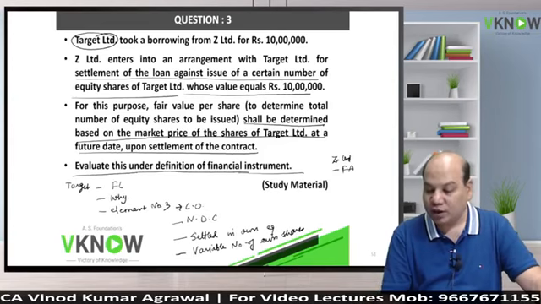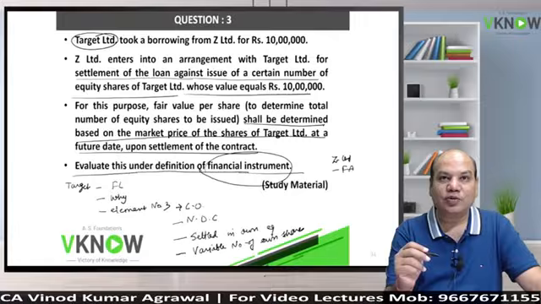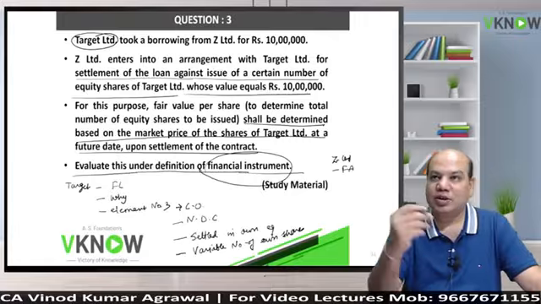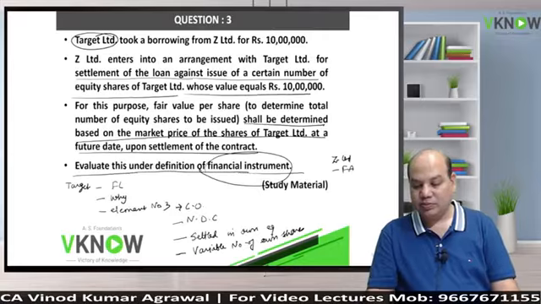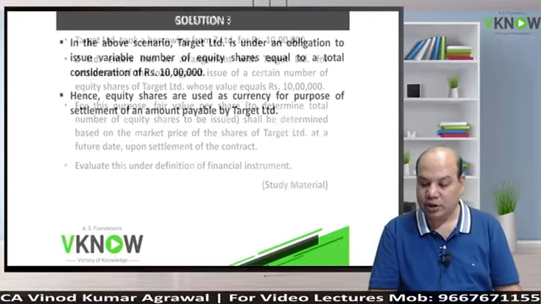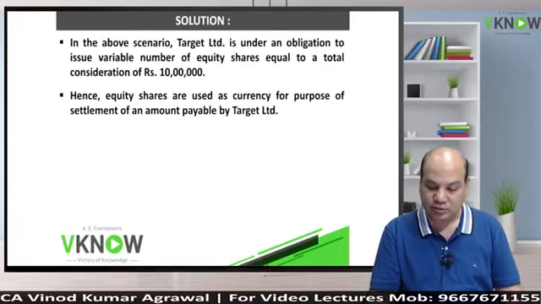Because to be a financial instrument, it has to be a financial liability for one party, and at the same time a financial asset for the other party. Therefore, Target Limited will show it as a financial liability. Z Limited will show it as a financial asset.